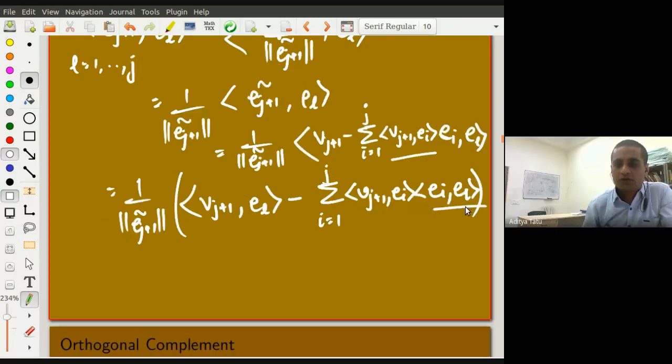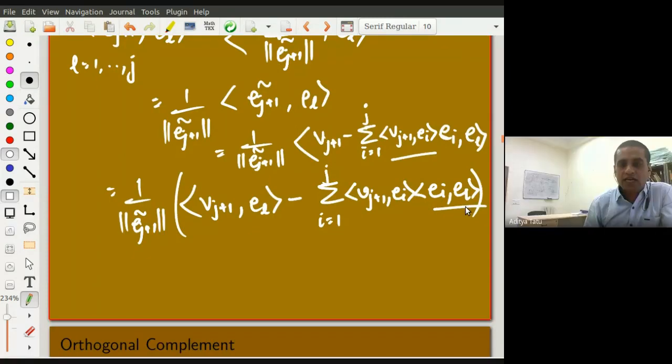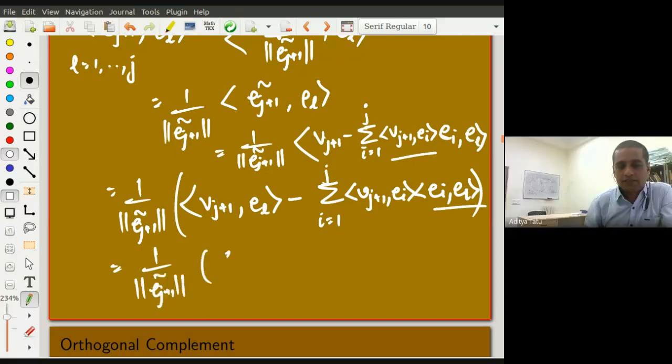Now, what do we know about the inner product of e_i with e_l? They are orthonormal vectors. So the inner product is 0 unless i is equal to l. That gives me ⟨v_{j+1}, e_l⟩.